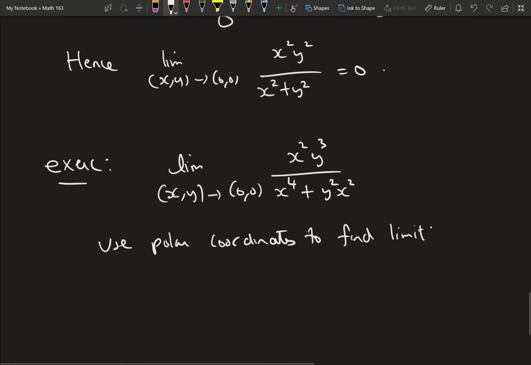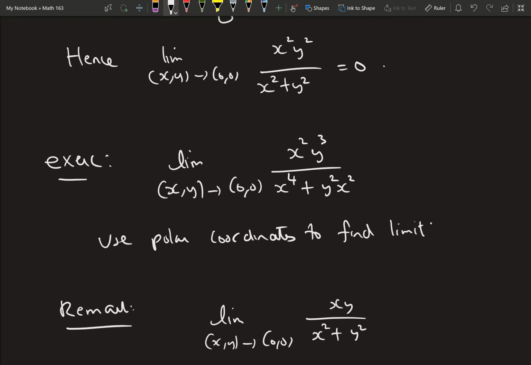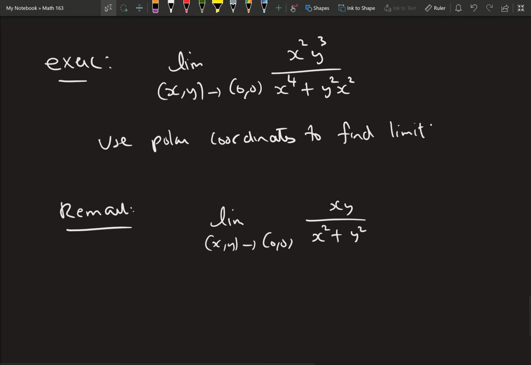Now before I end here, I want to make one remark. Sometimes it doesn't work out. For example, one of the original examples we started off with was xy over x squared plus y squared. Now this has an x squared plus y squared, but we showed that this limit doesn't exist.